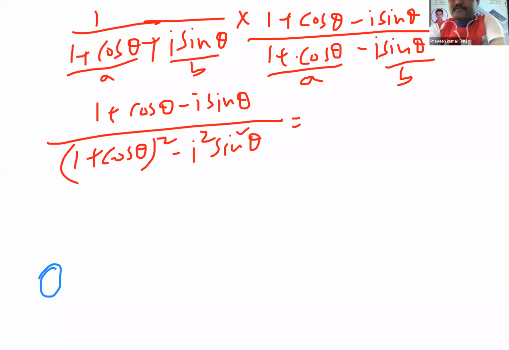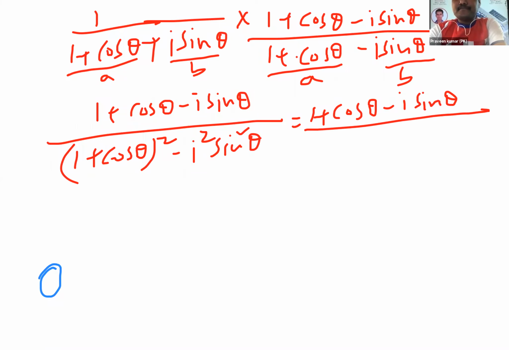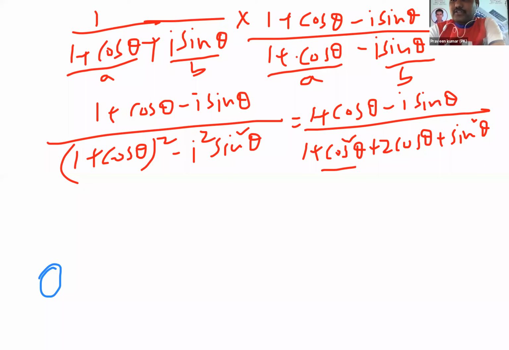Numerator: 1 plus cos theta minus i sin theta. Denominator: 1 plus cos square theta plus 2 cos theta plus sin square theta. Cos square theta plus sin square theta is 1, correct?